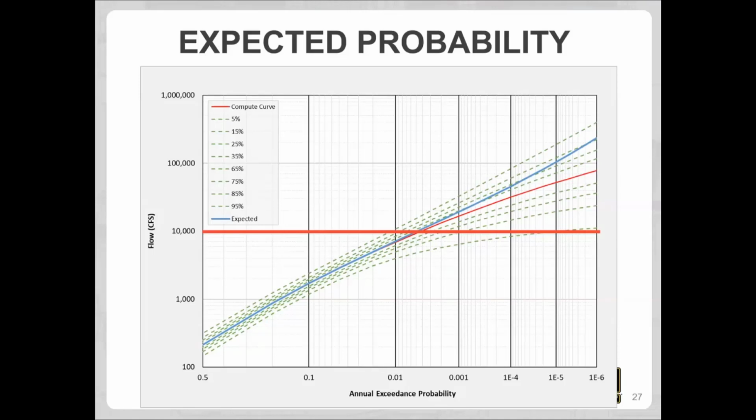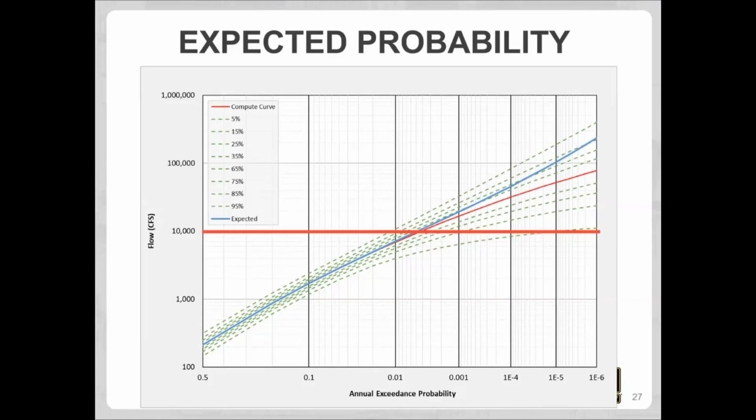With this method, by directly using the confidence intervals, we can directly incorporate the uncertainty, including skew, in the expected probability curve. You can see here the red curve would be your computed curve, and I don't know if you can see it, but the blue curve would be your expected probability curve that comes out of this computation.